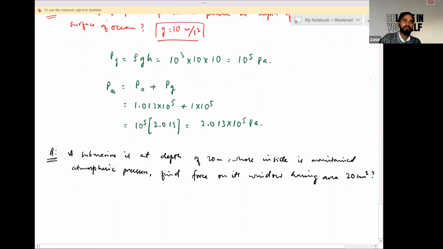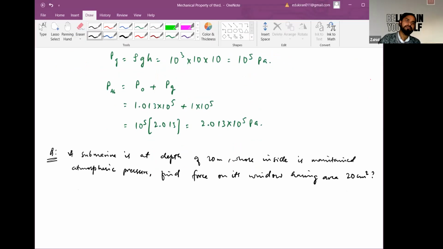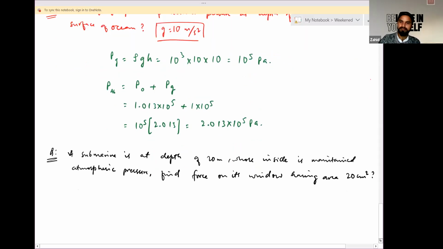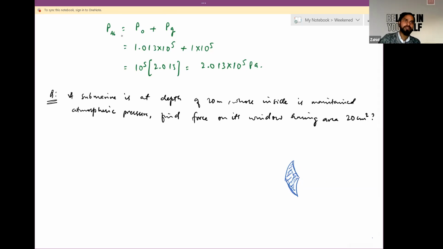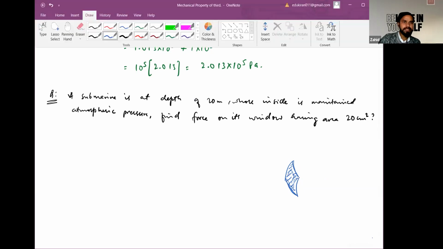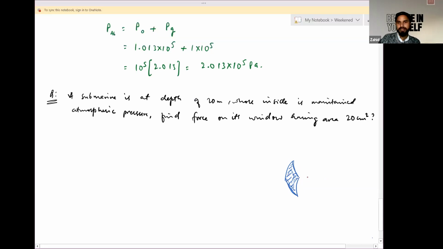Let me give you a hint how to simplify it. Suppose there is a window like this of submarine, which is 20 meter below the surface of water, whose inside is maintained by atmospheric pressure.